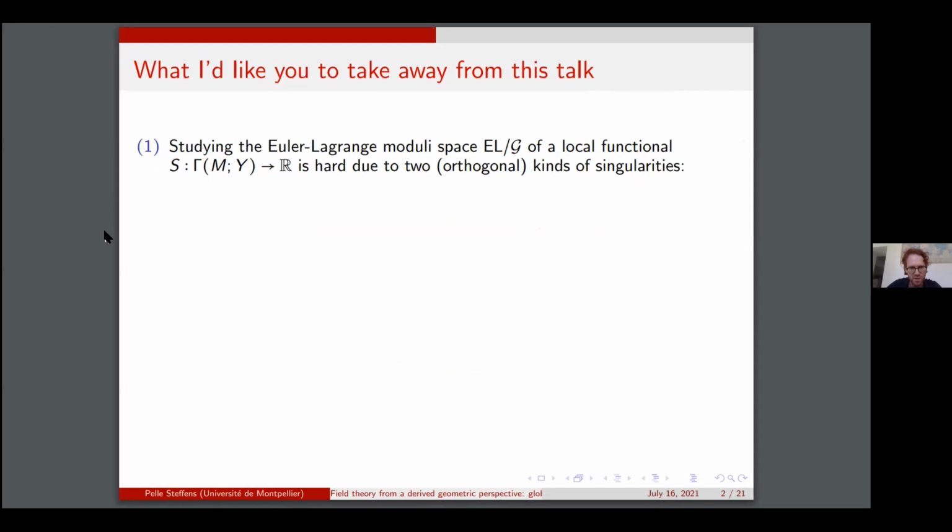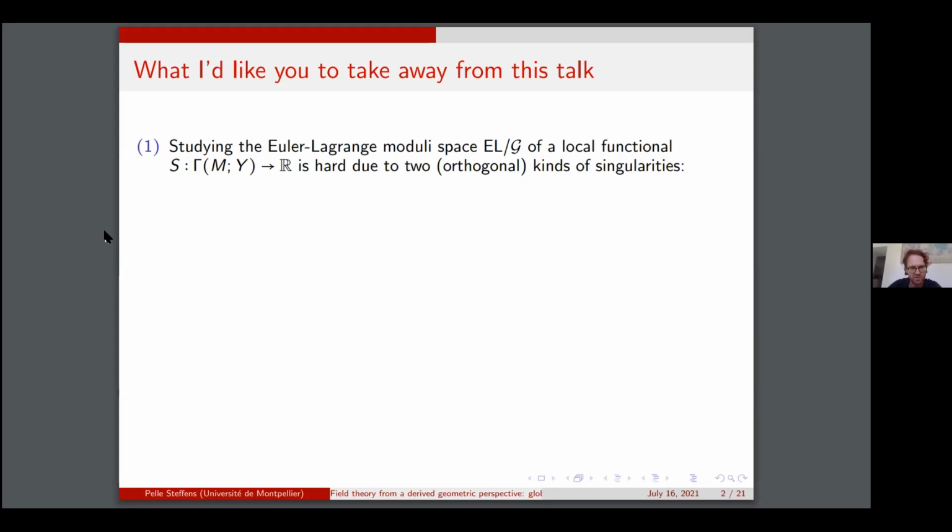in these next slides. So, essentially, doing quantum field theory and studying the geometric structures on the Euler-Lagrange moduli space is difficult, because there are two different kinds of singularities that we have to deal with.